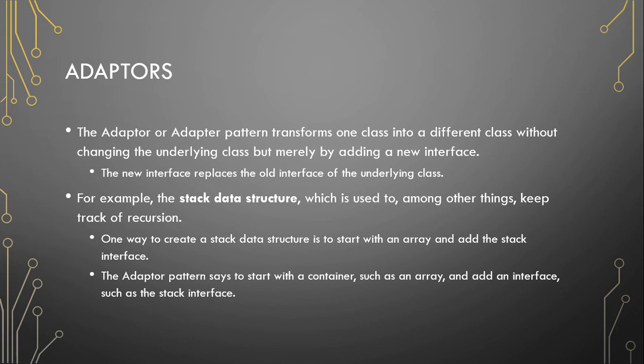So let's take an example of this, which is the stack data structure, which is used, among other things, to keep track of recursion. We haven't been talking about that the last couple lessons, have we? So one way to create a stack data structure is to start with an array, and then add the stack interface. The adapter pattern says start with a container, such as an array, and then add an interface, such as a stack.